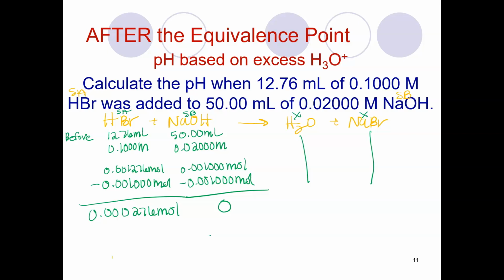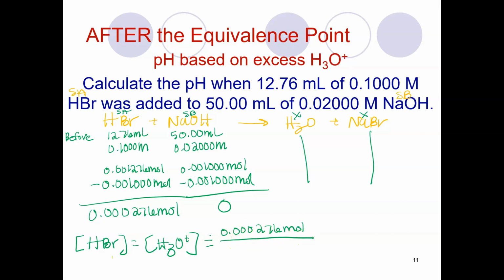So since HBr is a strong acid, we can look back to our strong acid only chart and see that for the strong acids, including HBr, its molarity is equal to H3O+. If we know the molarity of H3O+, we can solve for the pH. The unfortunate part is we don't currently know the molarity of HBr. We know how many moles of HBr, so we are going to have to solve for that. So I'm taking the moles of HBr, and I want to divide it by the volume.